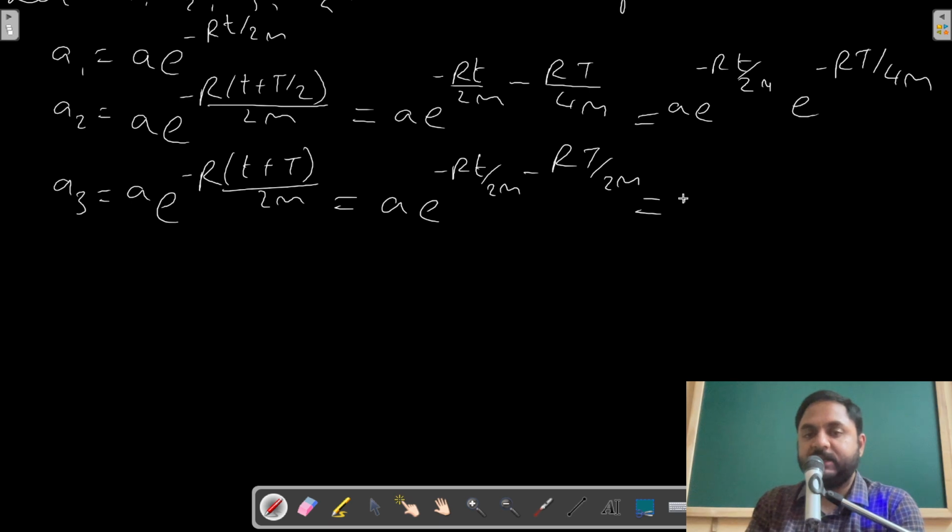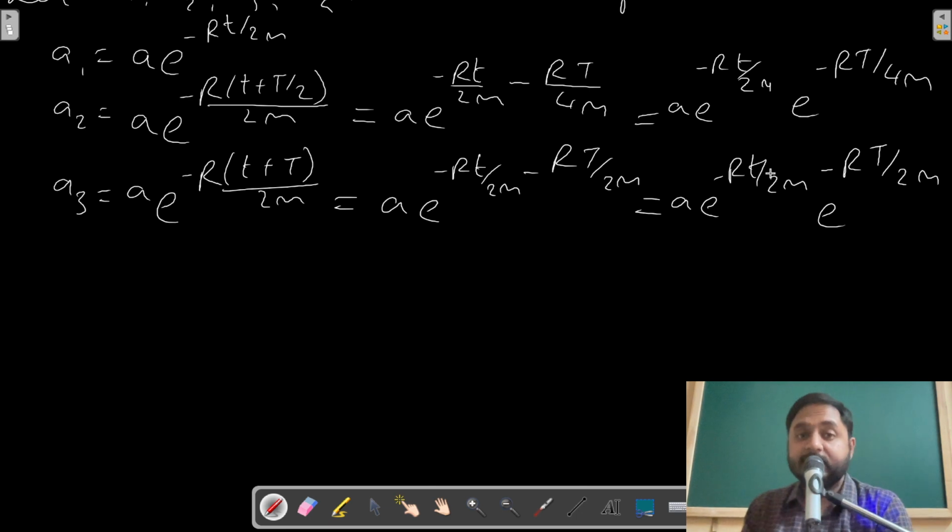Again, if I split it, I will get A into e raised to minus r small t by 2m multiplied by e raised to minus r capital T by 2m. Please make note that small t is the instantaneous time, whereas capital T is the time period.